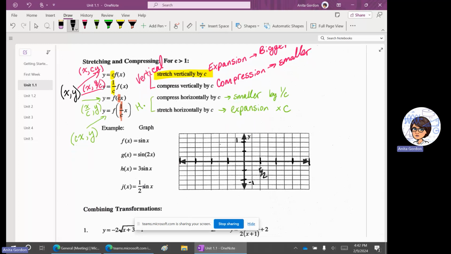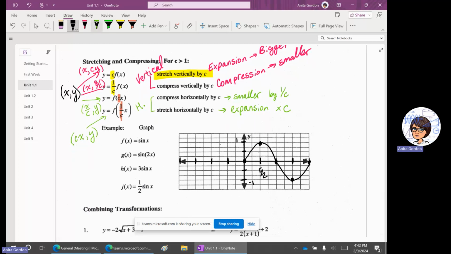Okay, so sine function starts at 0, goes up to 1, down to 0, -1, back to 0. I'm just going to do one rotation and I'll just keep it positive just to keep things simple.